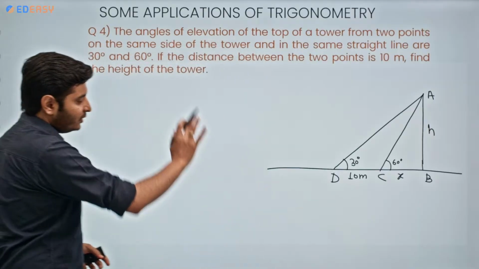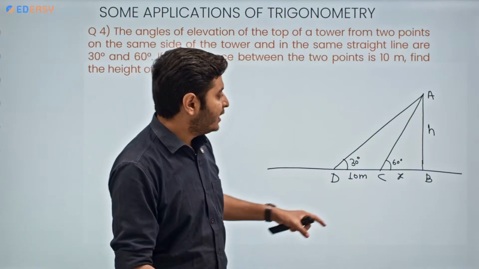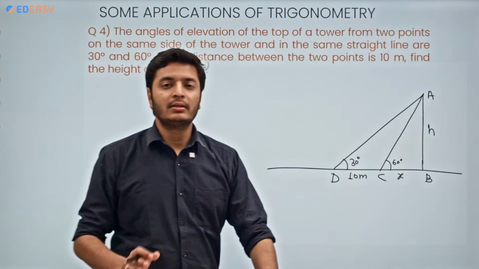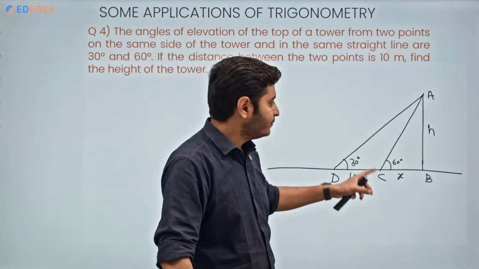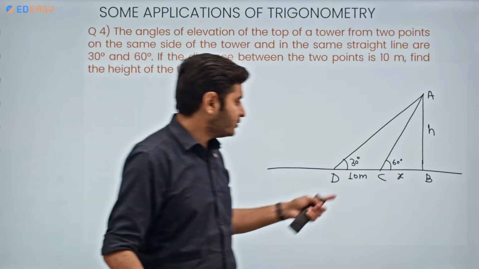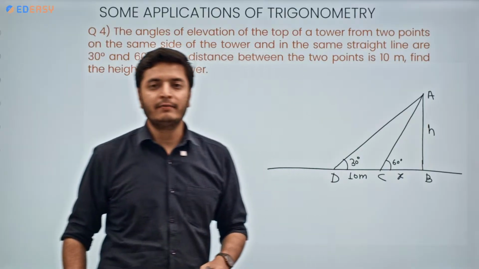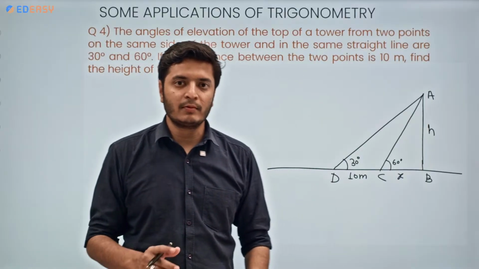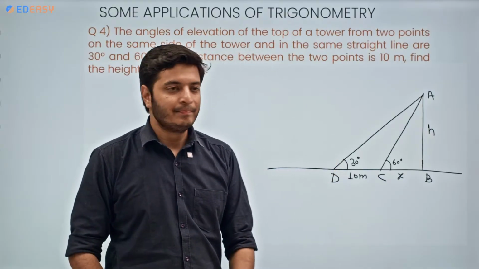Now, first thing, in your exam sheets, you will be writing AB represents tower. C is the point from where we are looking at the top of the tower, and the angle of elevation from point C is 60 degrees. D is the point from where we are looking at the top of the tower, and the angle of elevation is 30 degrees.